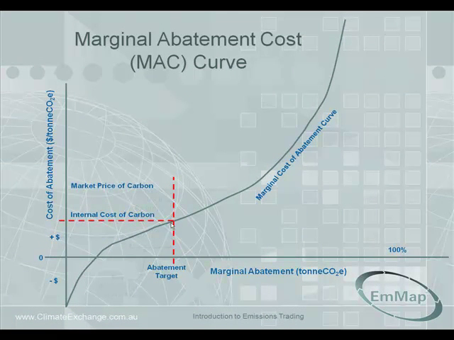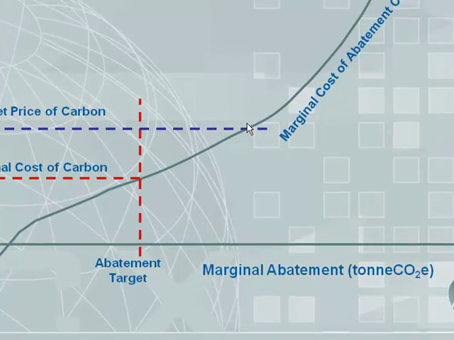If the opposite is true and the market price of carbon is higher than our internal cost of abatement, that means that we're more efficient at abating than the marketplace. So it still makes sense for us to do the abatement up to the point where the market price of carbon crosses our marginal cost of abatement curve.